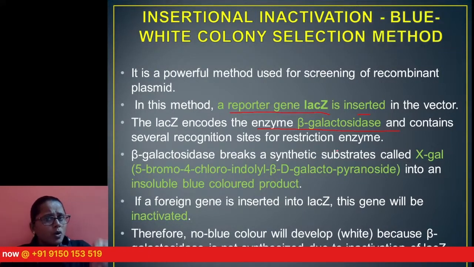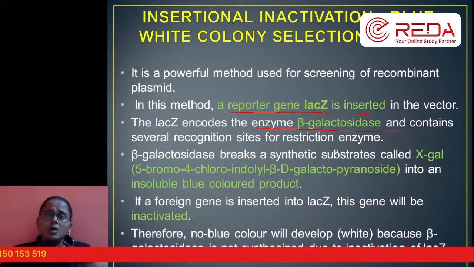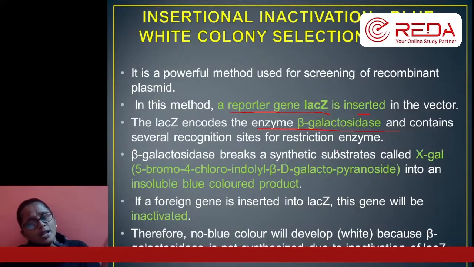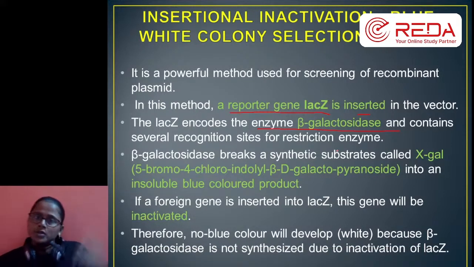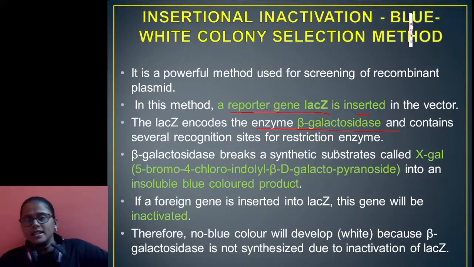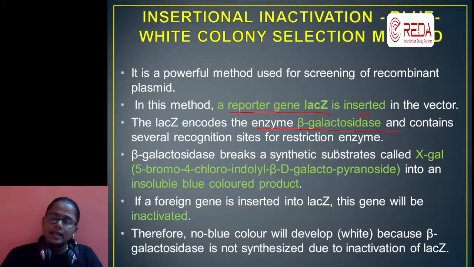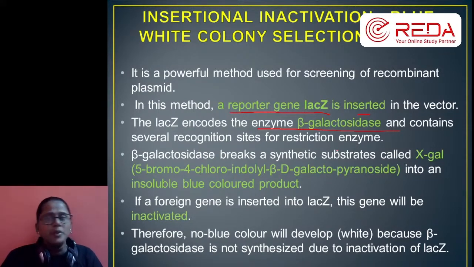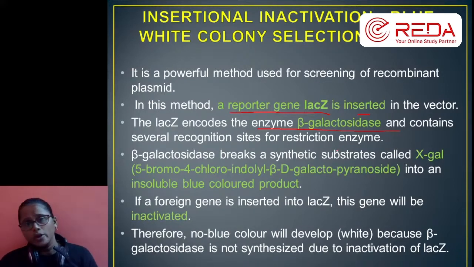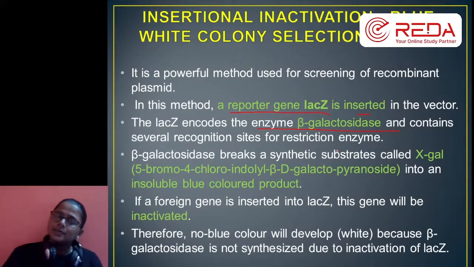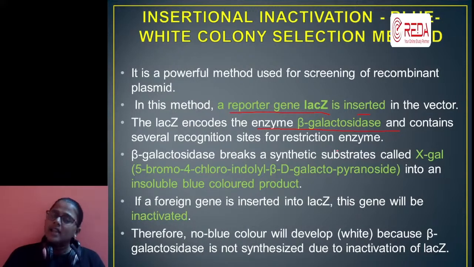It will forget or fail to code what we want it to code, because you are disturbing the sequence of the DNA. So A, G, G, C, C like that, there is a sequence. If you are disturbing the sequence, then that is going to produce an mRNA and the mRNA is not going to give a meaningful protein. So that isn't going to happen. That concept is called insertional inactivation.